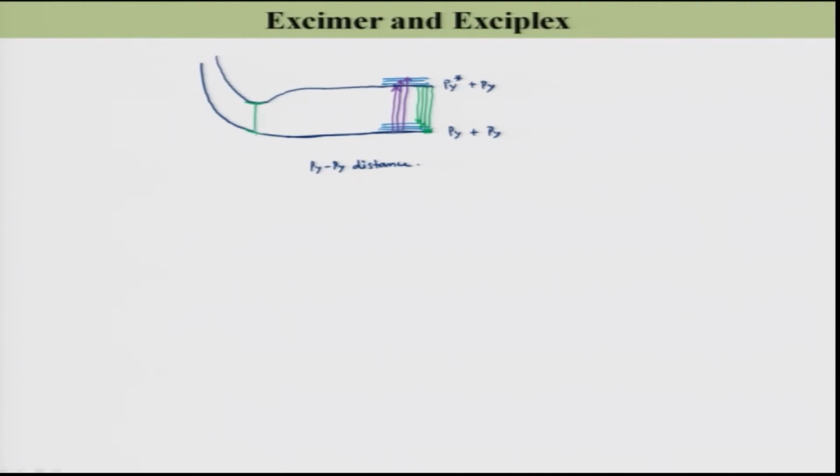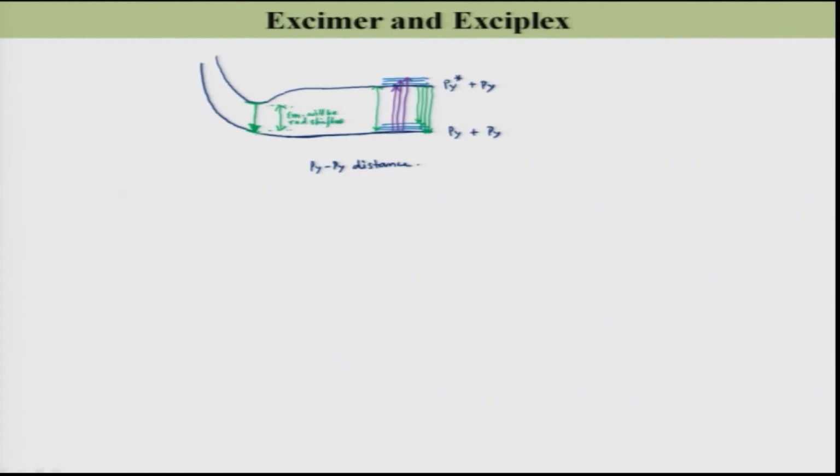In this case, when pyrene star and pyrene come from this excited state to the ground state, you will not be able to see such vibrational fine structure. Moreover, you see the energy gap here, this gap is less than this gap. That means this emission will be red shifted.